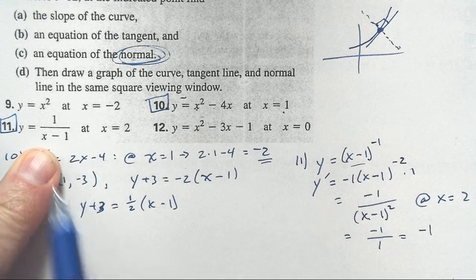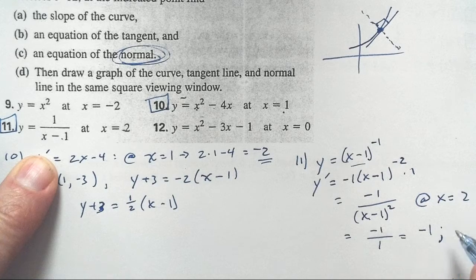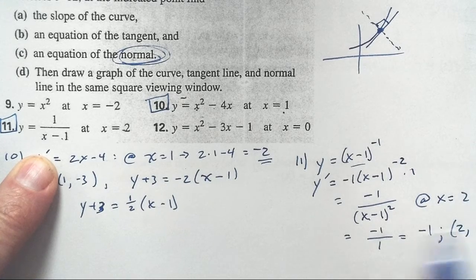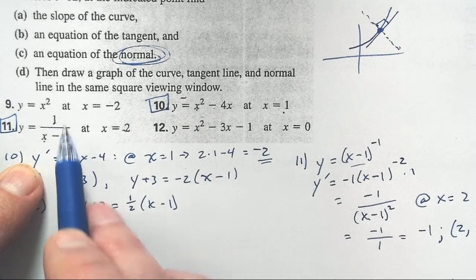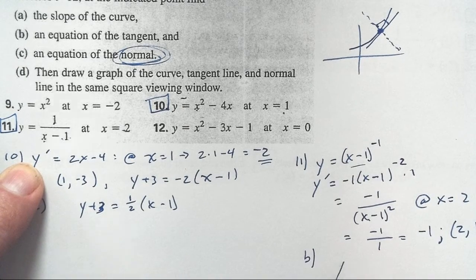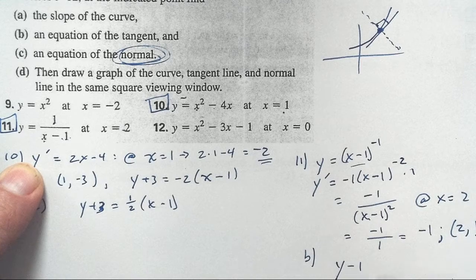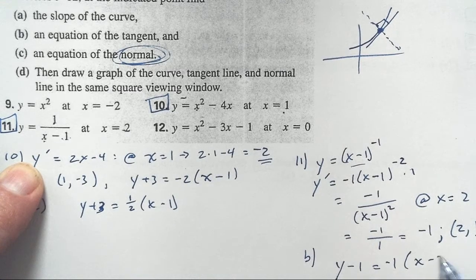And f at 2, if I put 2 into this function, we're at the point 2 something, 2 what? 1 over 2 minus 1, 1 over 1, 1. So B, our tangent line, is y minus 1 equals slope negative 1 times x minus 2.